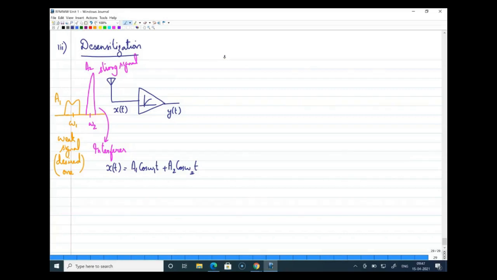Since it is a nonlinear system and we have characterized it before, I am writing alpha 1, looking only at the fundamental component, because we want to know what will happen to your desired signal. The desired signal should have an appropriate gain. If the system is linear, it will only have a linear gain of alpha 1 A, but if your system is nonlinear, it will definitely have other components.